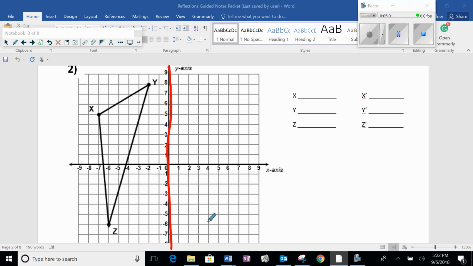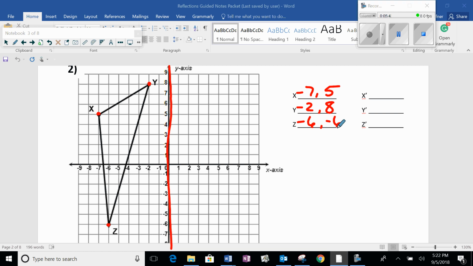This time, instead of going from the x-axis, I'm going to go from the y-axis. So I'm going to go ahead and write my original points. My point X is (-7, 5). For Y, the original point is (-2, 8). And for my Z, that original point is (-6, -6).